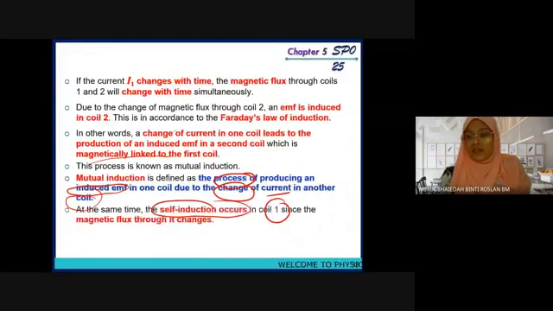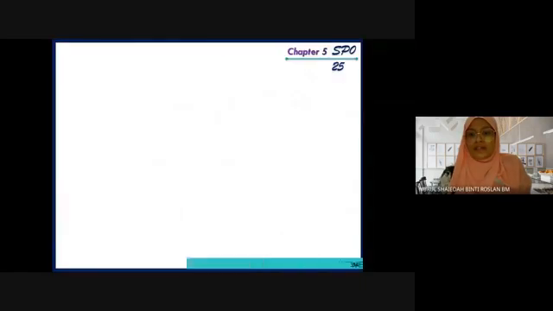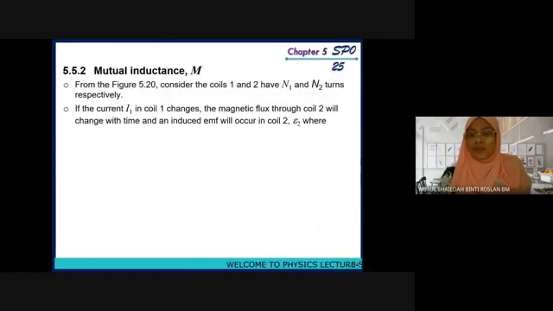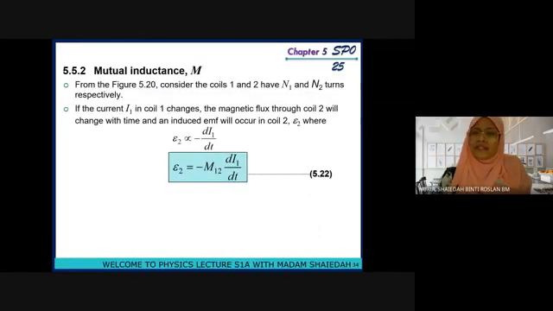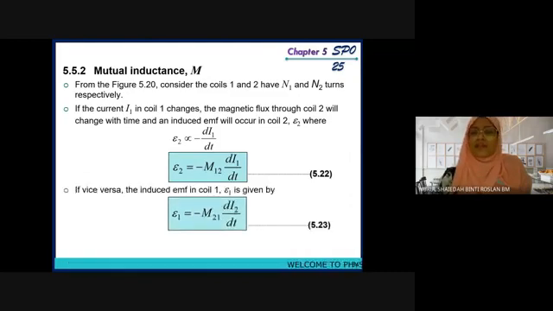Okay. So itu adalah dia punya situasi lah. Okay, formula ni saya tak nak tekankan because formula is given. So you don't have to worry about formula. Cuma you kena be careful dekat sini. When you need to find induced EMF 2, the current that you kena cari adalah I1.